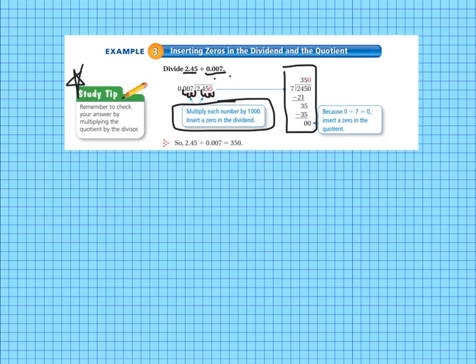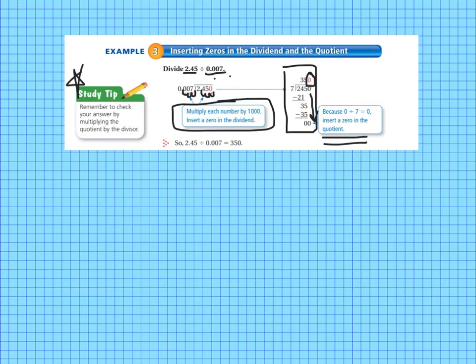But 7 times 35 is not 2,450. We still have a number to bring down. So we have to bring down that 0, and then we have to ask ourselves, how many times does 7 go into 0? Well, it goes into 0 0 times. So you still need to insert that 0 into the quotient. You need to complete the problem. Don't let it hang there.